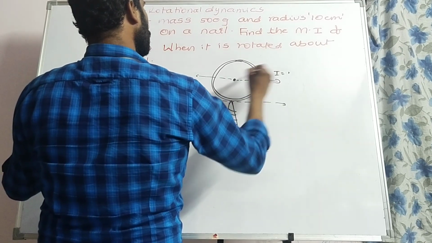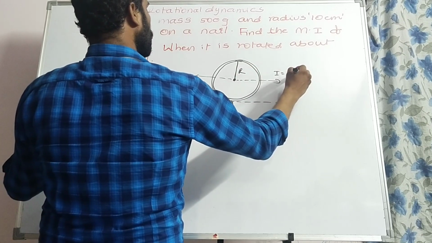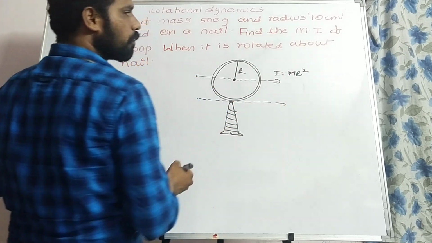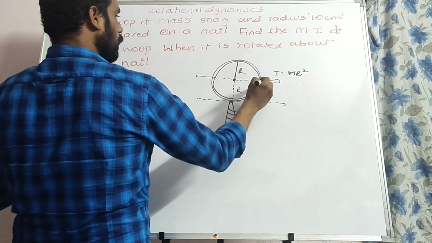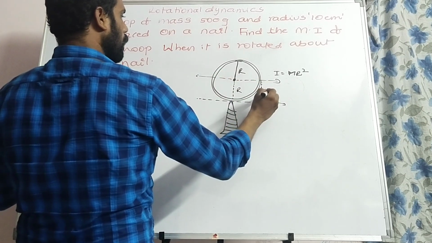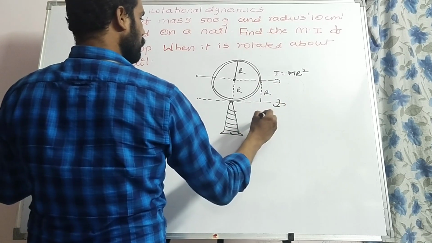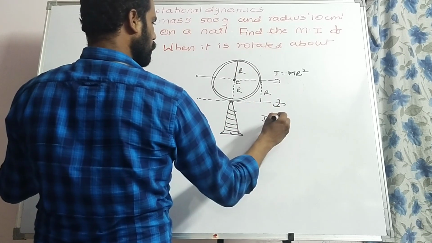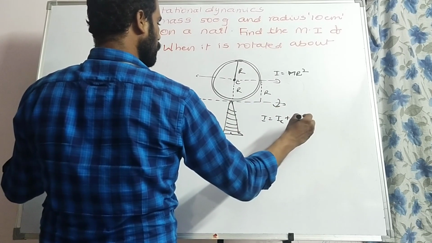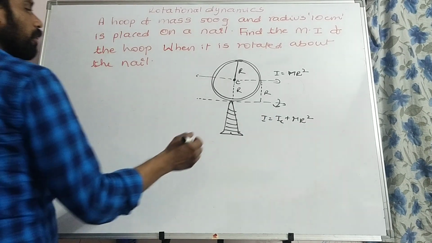See here, as it is the radius r, here I is equal to mr square. And what is the distance from here to here? That is r. From here to here, r. So according to the parallel axis theorem, I is equal to IC, the moment of inertia about the center of mass, plus mr square.